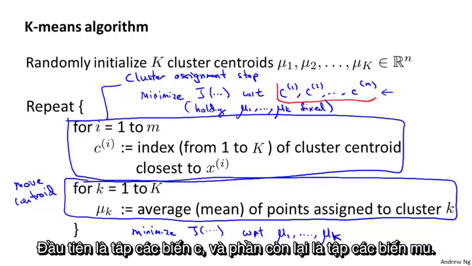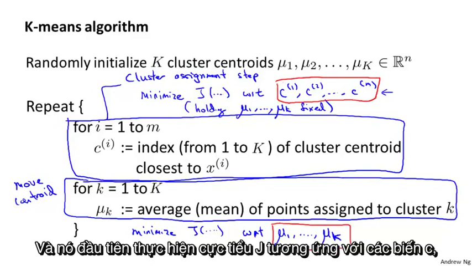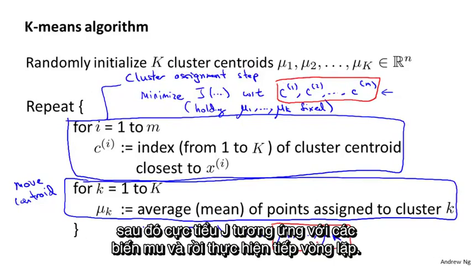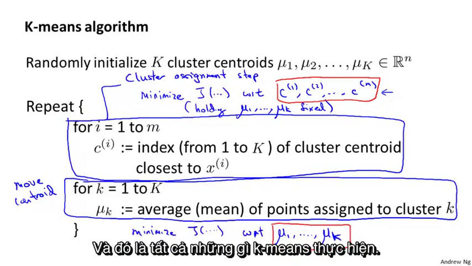You have first the c sets of variables, and then you have the mu sets of variables. And what it does is it first minimizes J with respect to the variable c, and then minimizes J with respect to the variables mu, and then it keeps on iterating. And so that's all that k-means does.